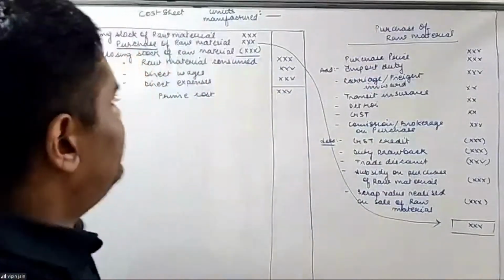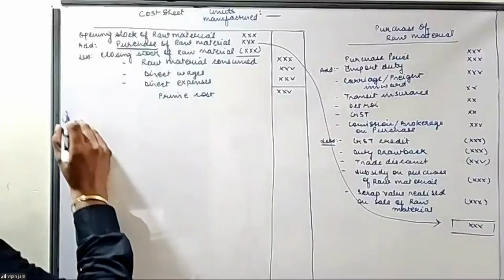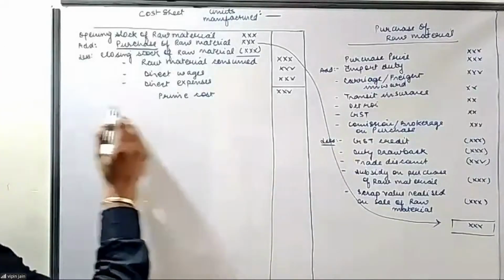Now, when talking about direct wages, I'm writing it here because space is the constraint.